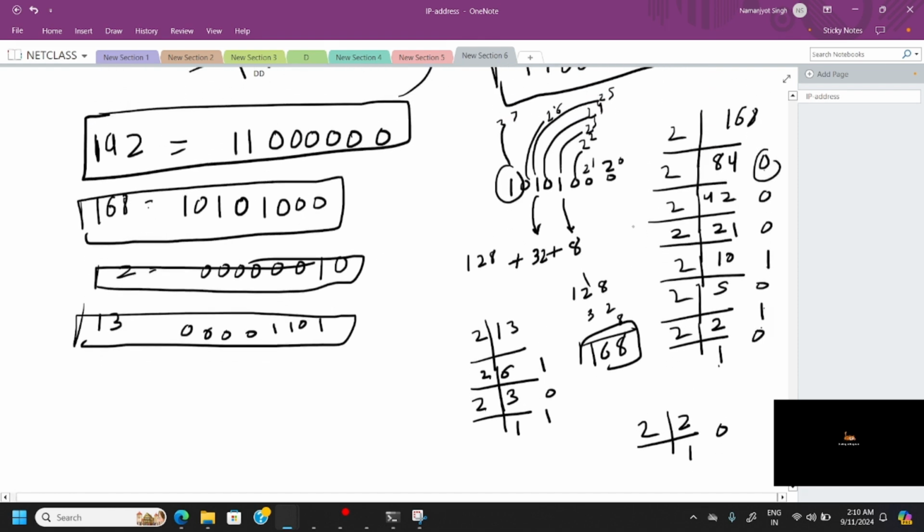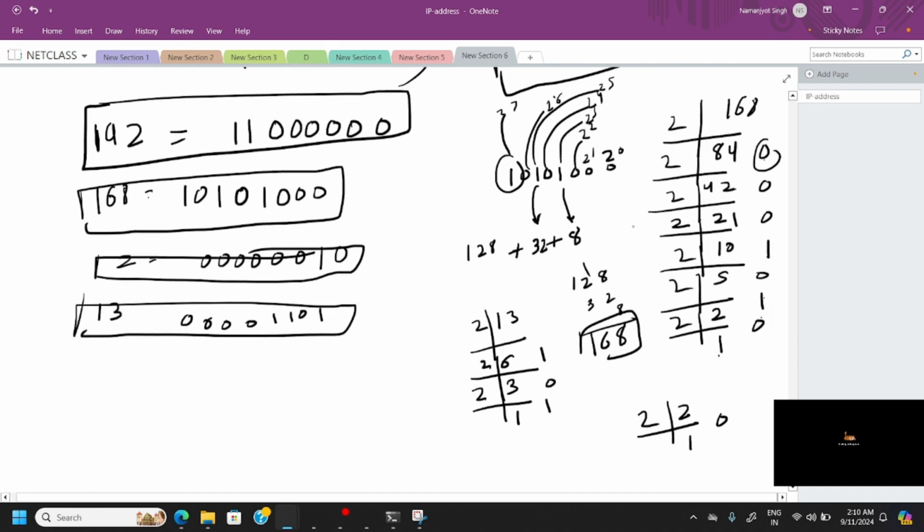So this is how you represent the IP address 192.168.2.13 as 11000000 10101000 00000010 00001101.